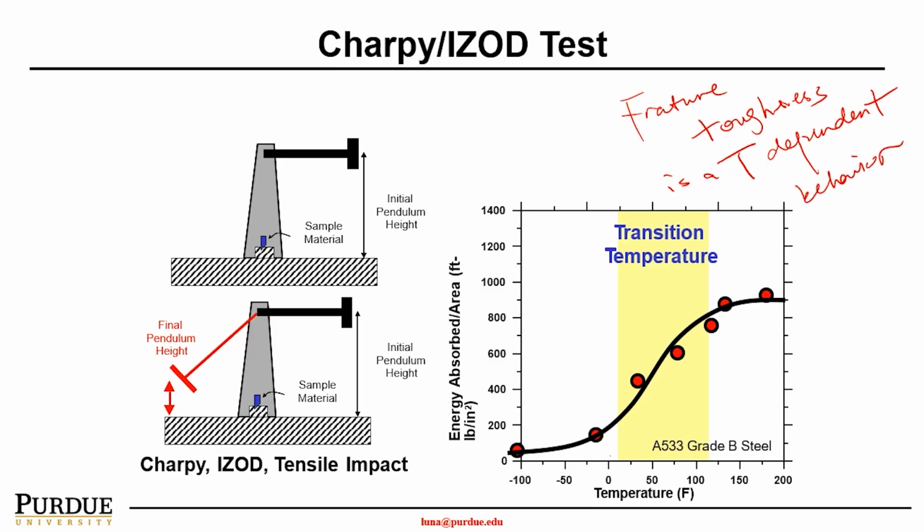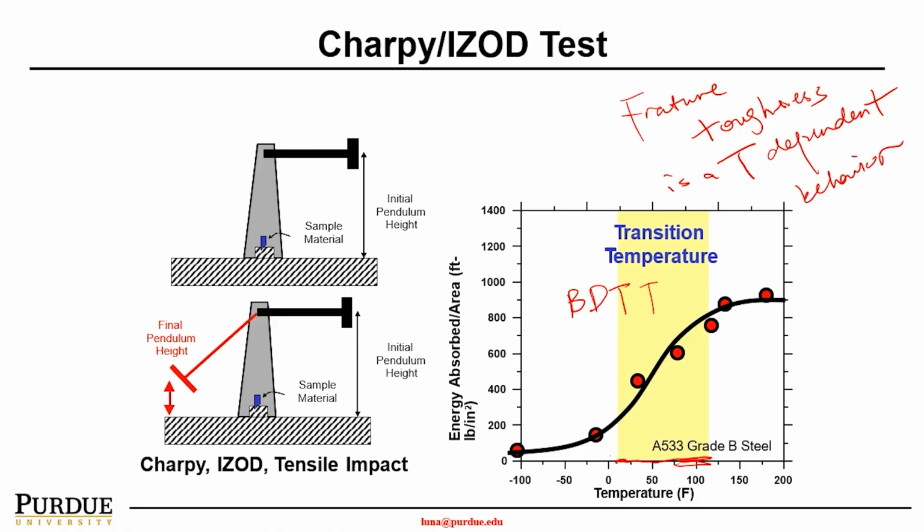There is one certain temperature that is very important, which we call the temperature transition zone, or brittle to ductile temperature transition zone, BDTT. For instance, for A533 grade B steel, this temperature transition zone can be changed from actually 20 Fahrenheit.